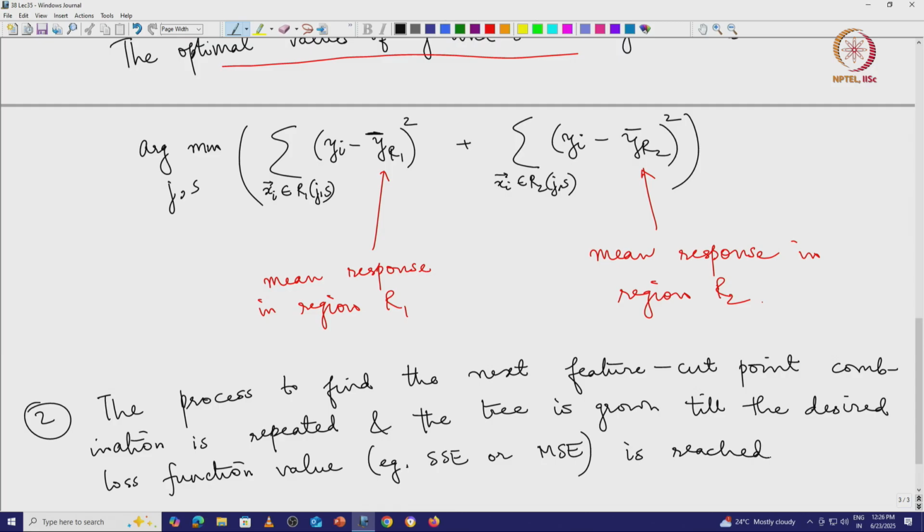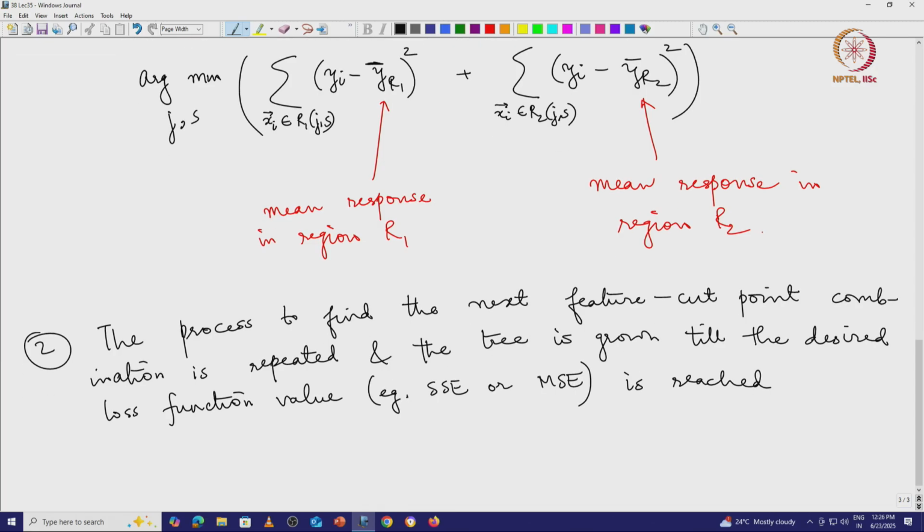Okay. So, that is how you keep on branching the tree and keep on going down again and again.